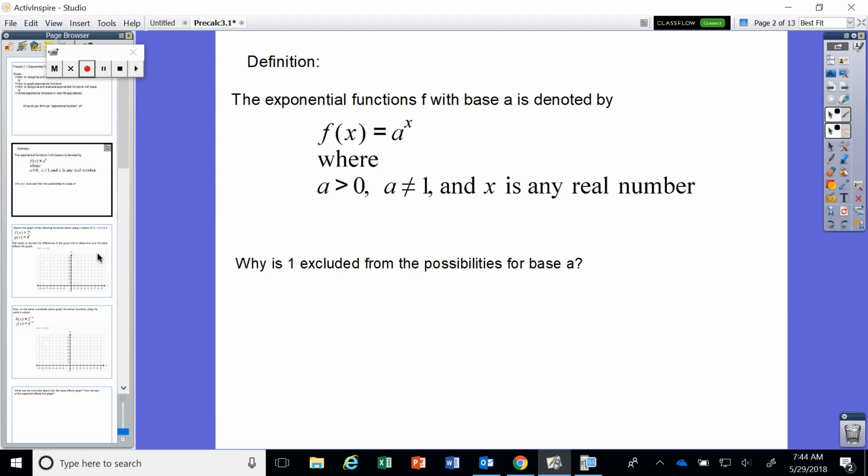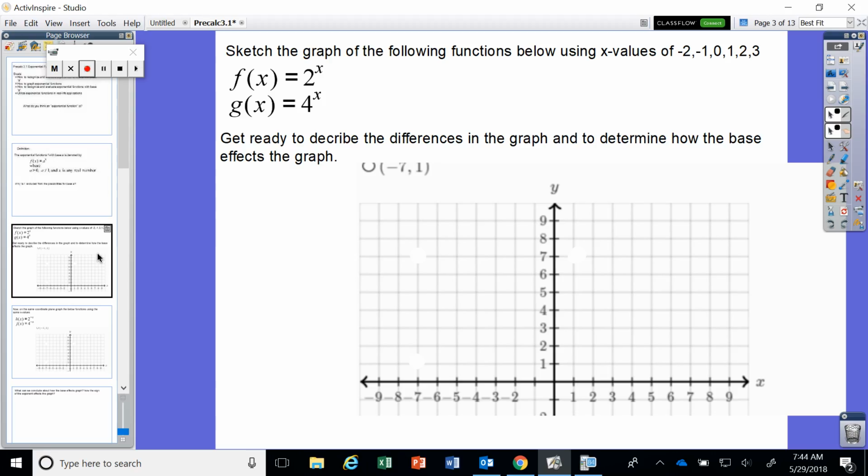So again, remember the focus of this particular video is nothing mind-blowing. It's literally just that we want to focus on the characteristics of how the base is affecting the graph, and how the base really affects the growth or the decay of an exponential function.